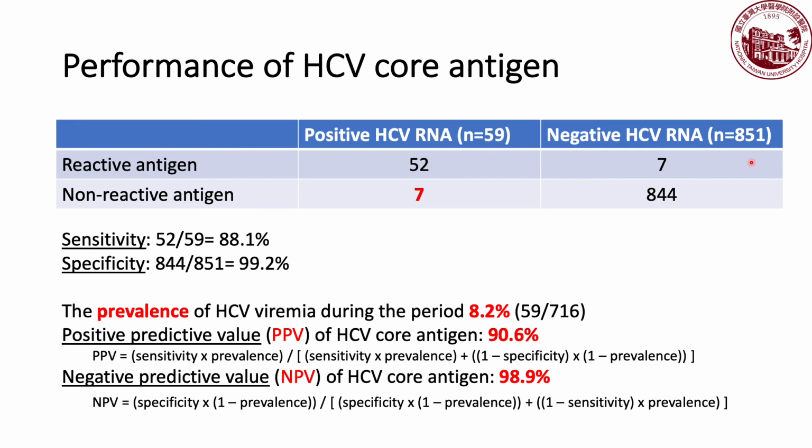Of the 851 specimens negative for HCV RNA, only 844 had non-reactive antigen results, leading to a sensitivity of 88% and a specificity of 99%, with the prevalence of HCV viremia of 8.2%. Its positive predictive value is 91%, and its negative predictive value is 99%.